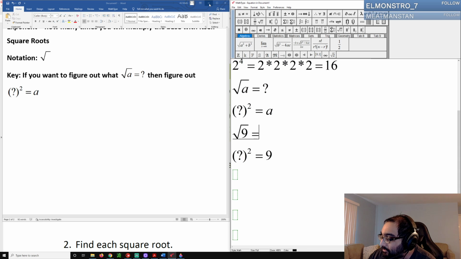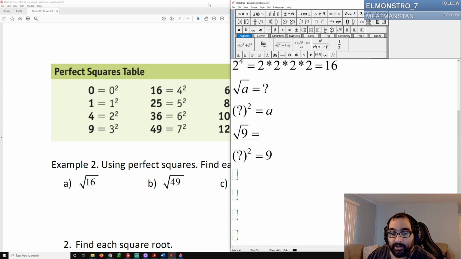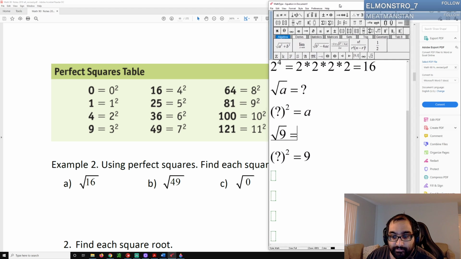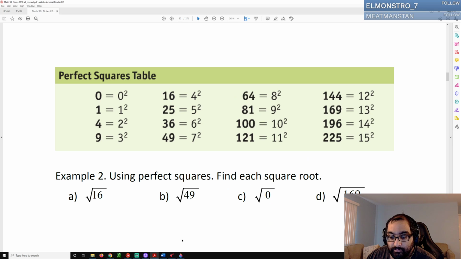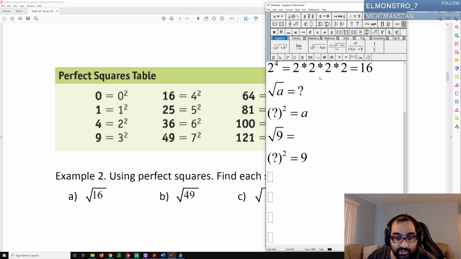Now, if you're not sure what that number is, whose square is equal to whatever number you have on the inside here, since we're dealing with basic roots here, not something more complex, take a look at your chart. And you can see, based on the chart here, what number squared is going to equal 9.